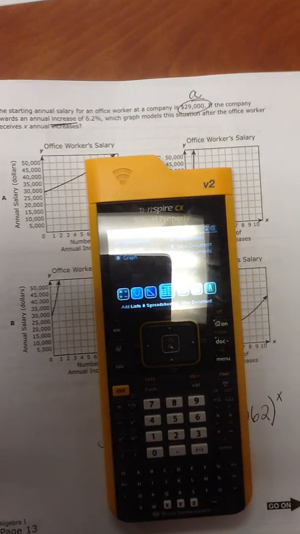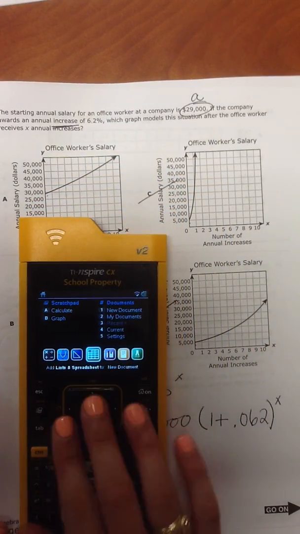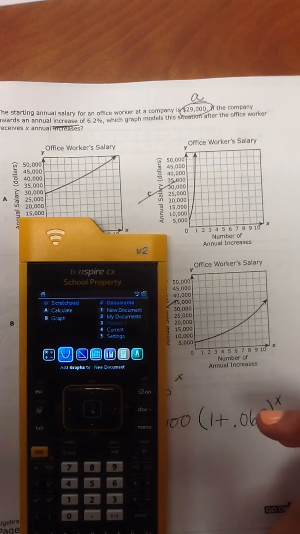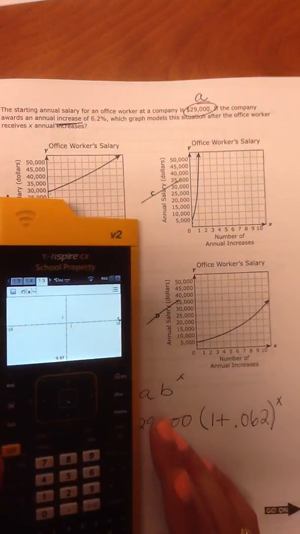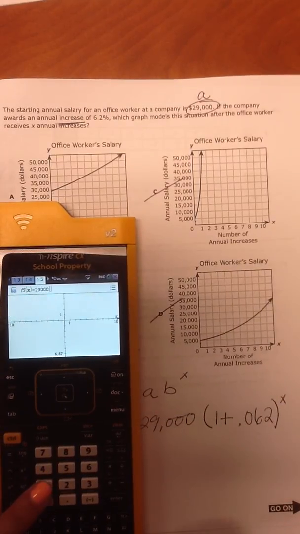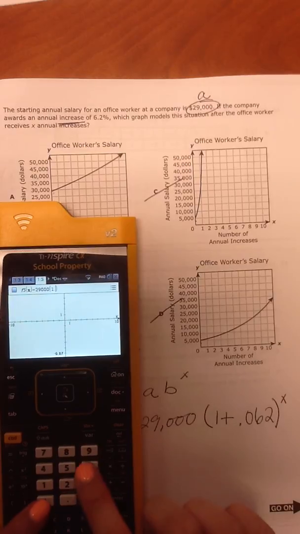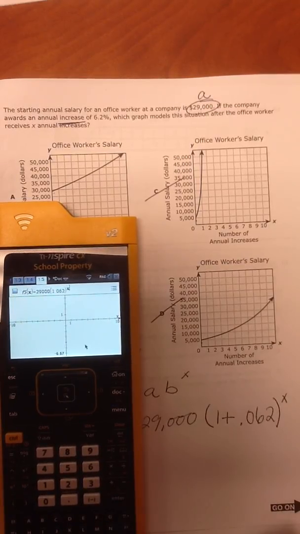So I'm now gonna go here and I'm going to try to get that glare off for you guys. And I'm gonna go ahead and just graph this and see what it looks like. So I'm gonna come here and I'm gonna type in, let's see, 29,000 times 1.062 raised to the x power, and I'm gonna graph.